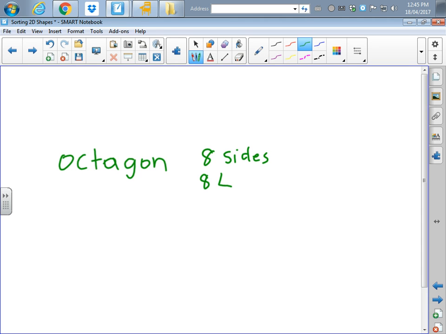I'm just going to write that's what I'm going to use for angle, okay? I don't like to write lots of words. Geometry is also something that you use lots of short forms for. Drew, hexagon. What do you know about a hexagon?